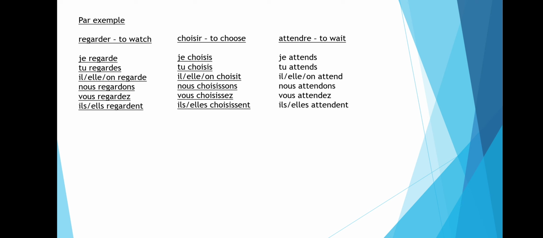I don't know why it says E-L-L-S, so just ignore that, it's meant to be E-L-L-E-S. So you'll get je regarde, tu regardes, il, elle, on regarde, nous regardons, vous regardez, ils, elles regardent.